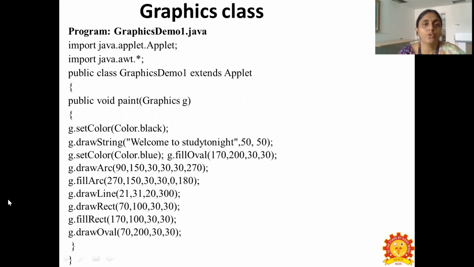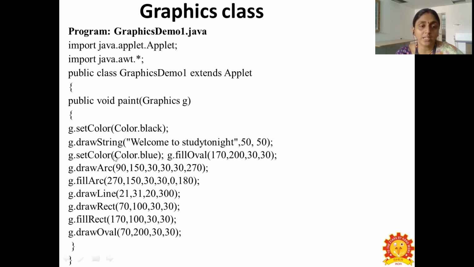This is the program for the Graphics class, where we import the packages java.awt.* and applet. The class name is GraphicsDemo1, which extends the superclass Applet, and we have a paint function where Graphics g, the object of the Graphics class, is passed as the argument. g.setColor sets the color black for the background, and g.drawString displays the message given here at the particular position 50, 50.